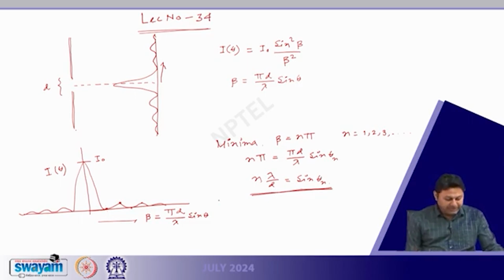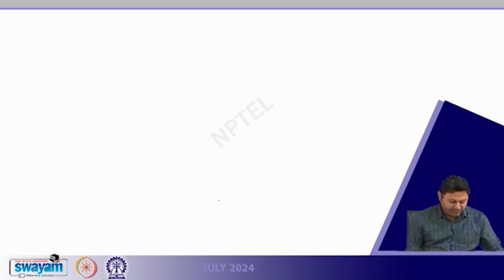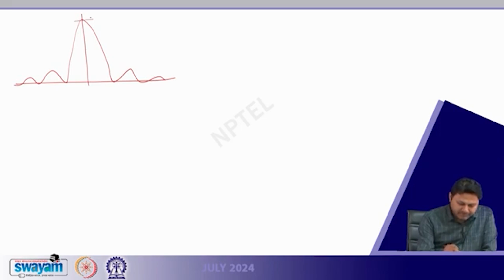Now, we are going to extend this calculation for maxima. So, what I am trying to get is, this is the structure. This is the central or principal maxima, and this is the secondary maxima.